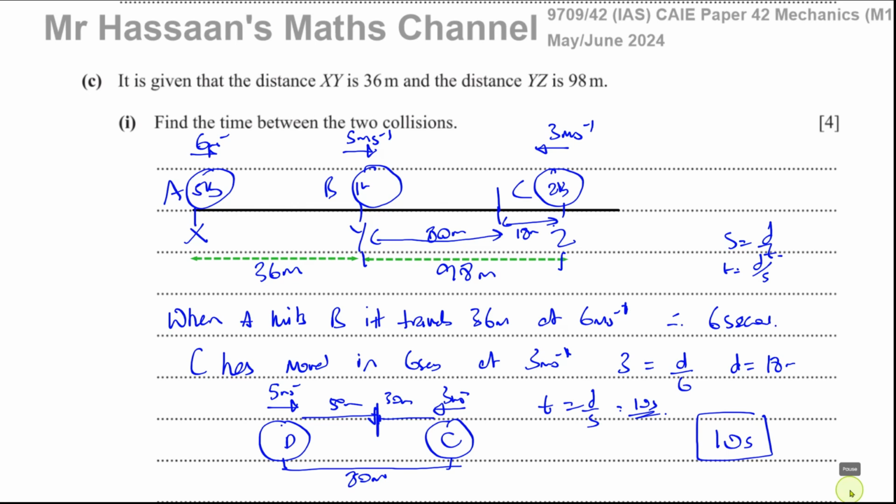And now for part 2, it says find the time between the instant that A is projected from X and the instant that E reaches Z. So now we've determined it took 6 seconds for A to get to the point Y. And for the combined particle D to collide with C, that took 10 seconds.